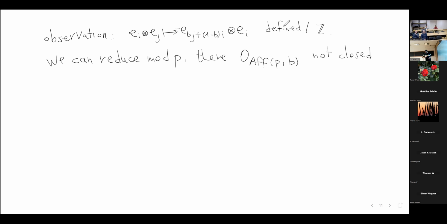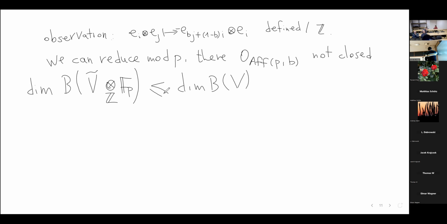Here's another nice thing. If I have a braided vector space over the complex numbers, let's say, where the braiding is actually defined over Z, and I have V, and let's say some kind of lattice defined over Z, which I can then reduce mod P. If I take the dimension of this Nichols algebra, it is less than or equal to the dimension of the original.